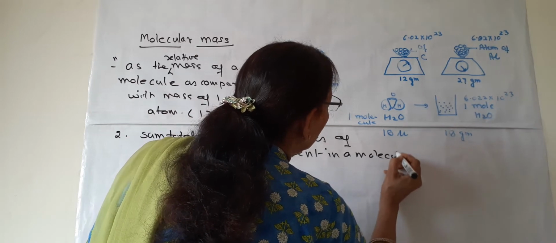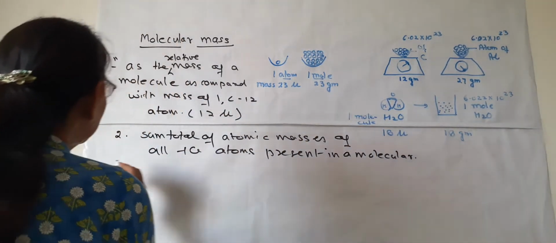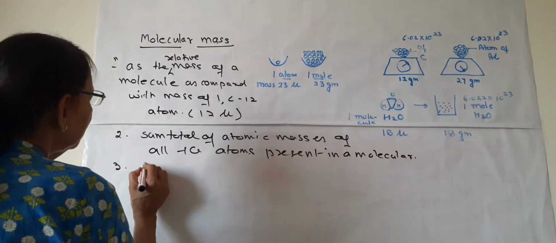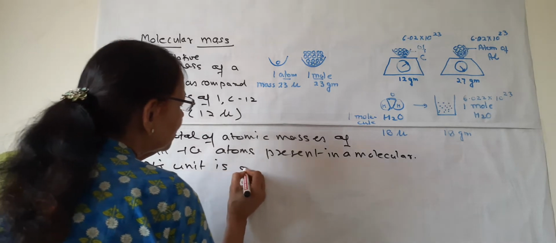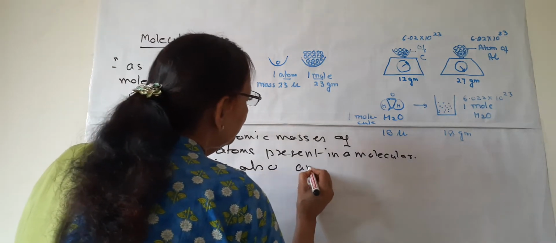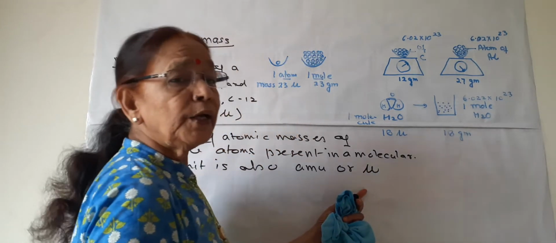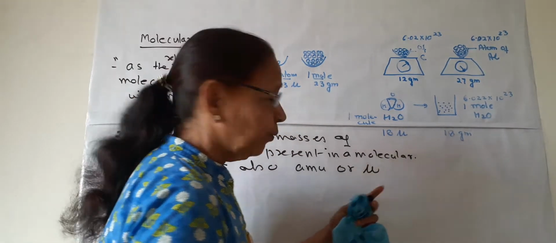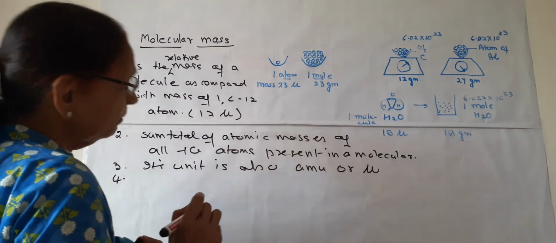We will see this when we look at some examples. This is how molecular mass is calculated. The third point is its unit, which is also amu, atomic mass unit, or the new unit, unified unit u. So this is the unit of molecular mass.